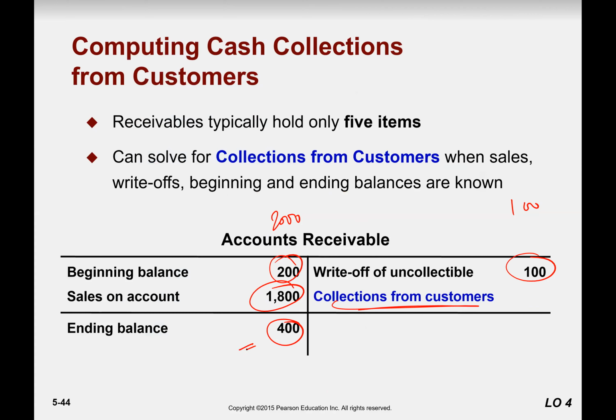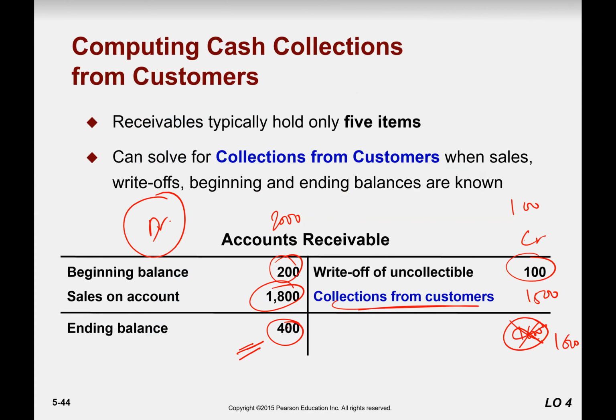It means the debit side is 400 greater than the credit side, so here must be a total of 1,600. And if you see that, it should be 1,500. So by putting 1,500 here, this is total 1,600, and now this is justifiable.